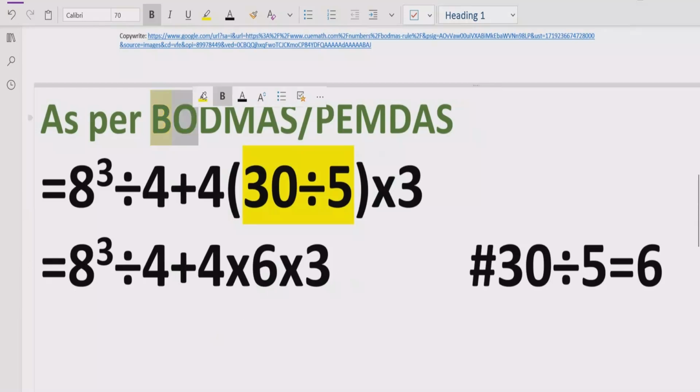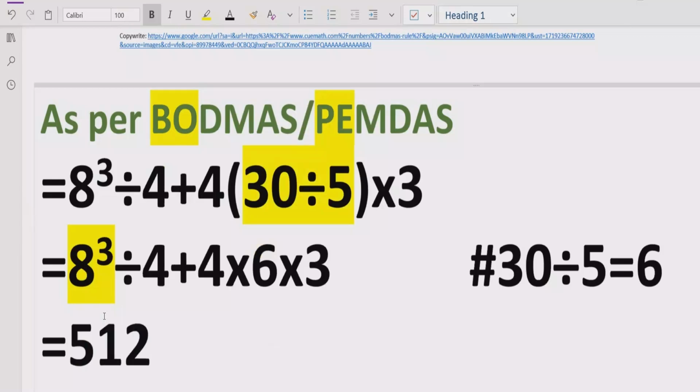Now we have solved the bracket, and now we have to solve the exponent part. So we will go for the exponent part, which you can say is the order of operations. We have to solve 8 raised to power 3. So 8 raised to power 3 means 8 multiplied by 8, multiplied by 8, which equals 512.